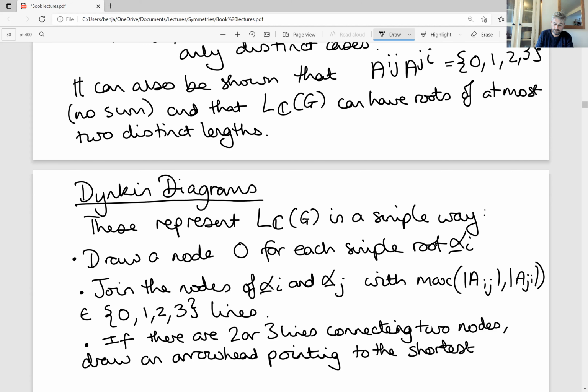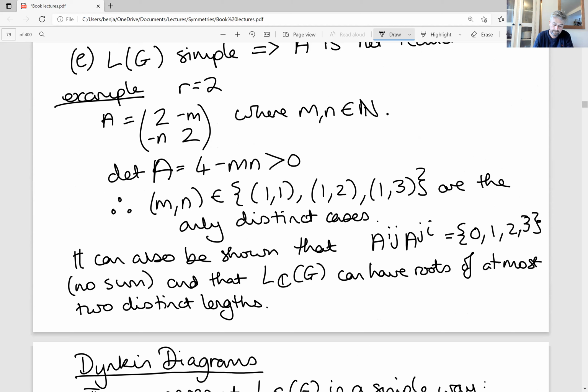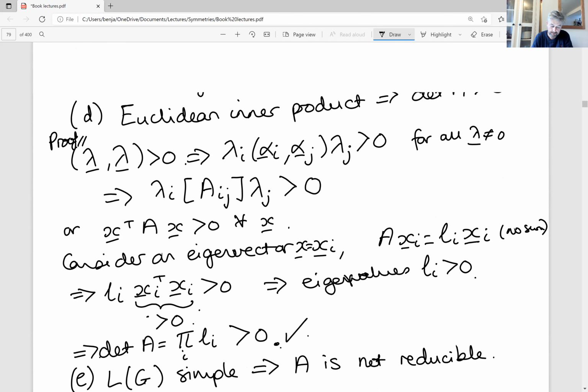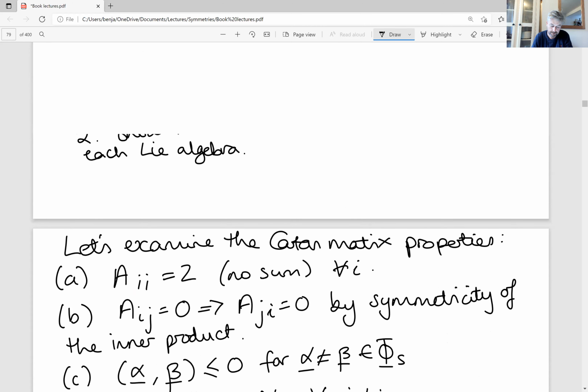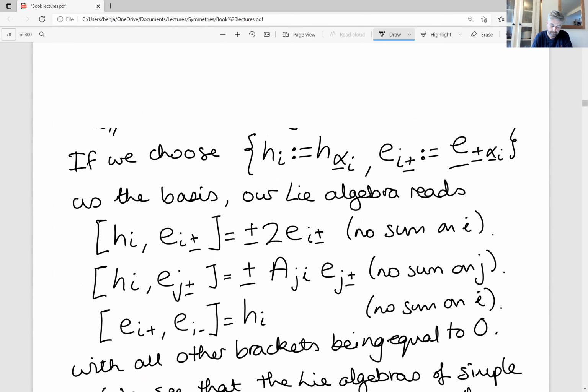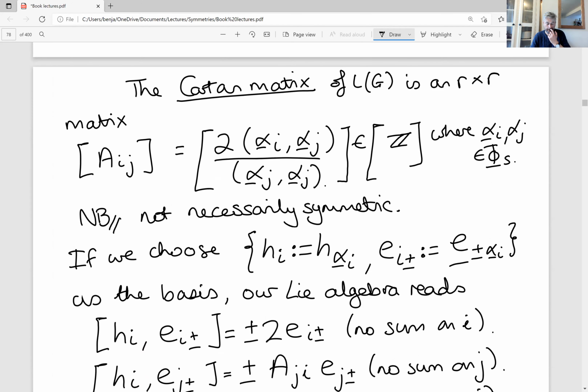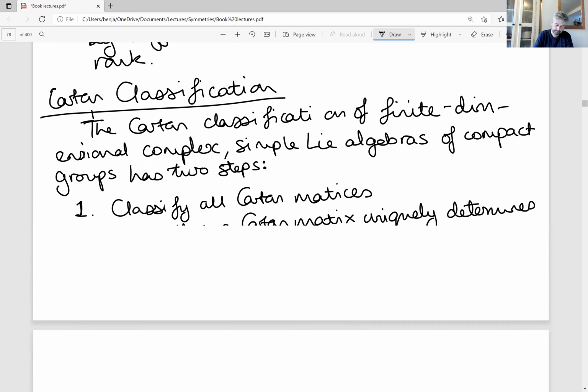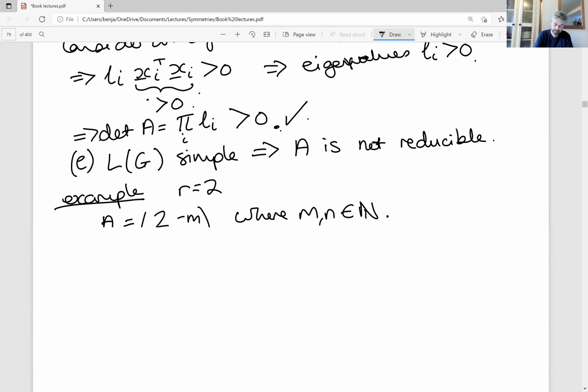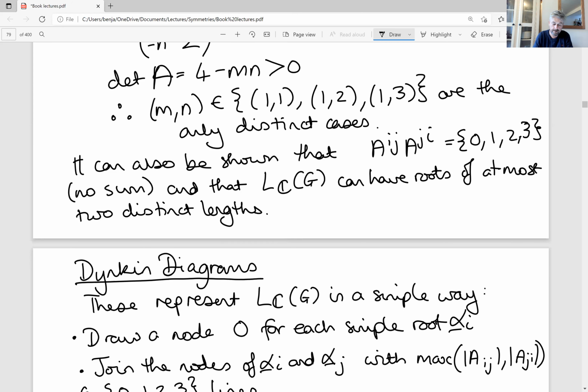So if we have that the off-diagonal element is -1, then you can show by this formula that the length of the 2 nodes is the same. But if it's -2 or -3, you can show that one's longer than the other. So remember, for rank 2, we have these 3 different cases.